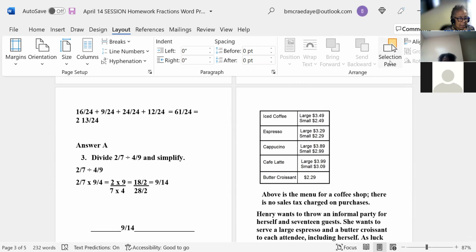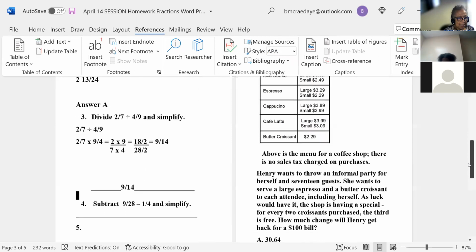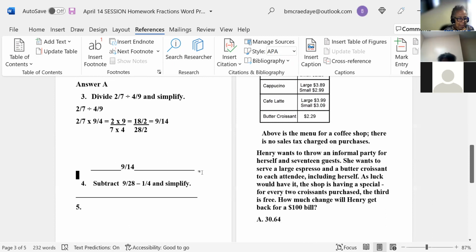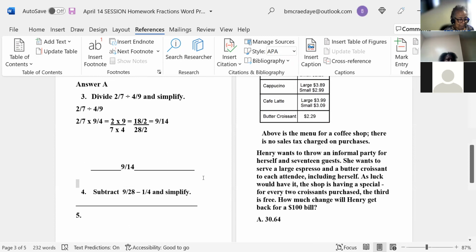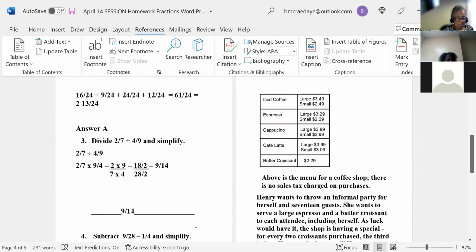Any questions on division of fractions? All right, now we do subtraction. And in subtraction, they have to be the same denominator, right?